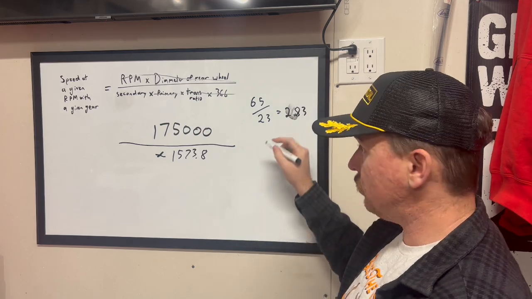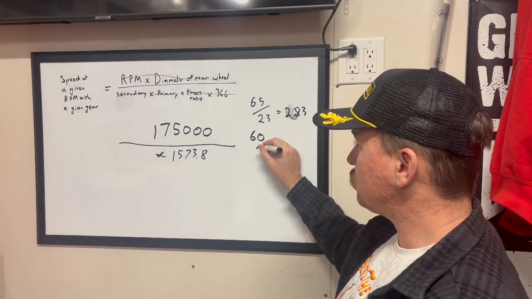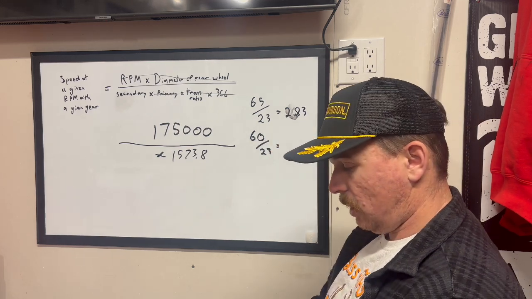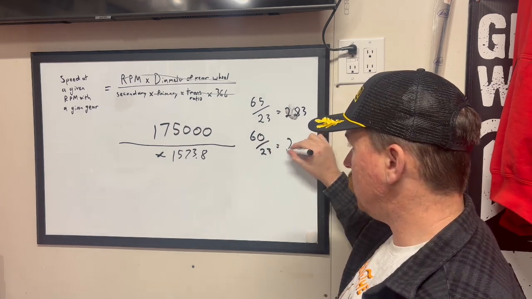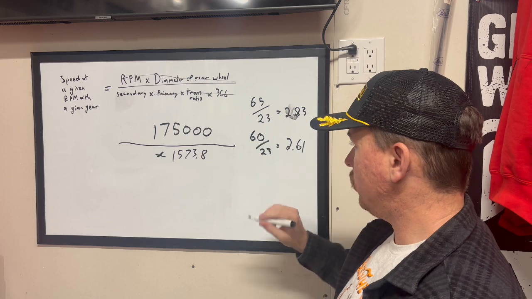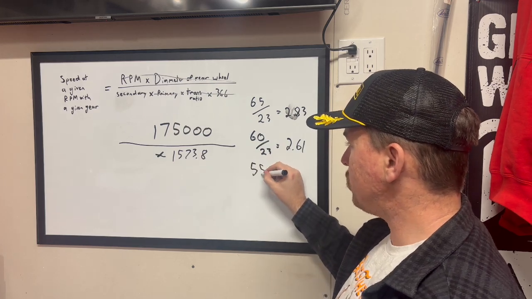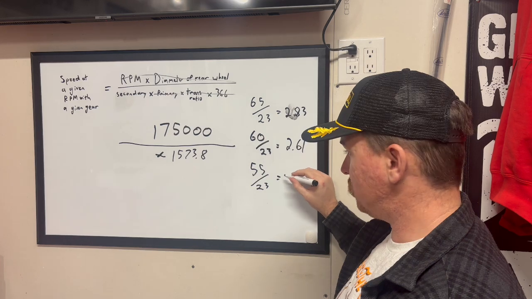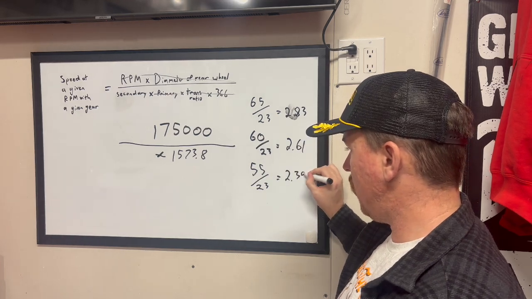The next one is 60 over 23, which gets us 2.61. Then the next one is 55 over 23, which gets us 2.39.